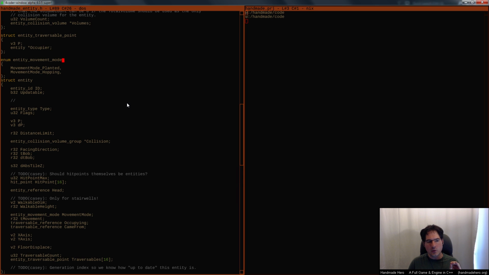So the way in which you might be moving already has a state variable. So the fact that I have coupled that ability to use that state variable to the entity type is clearly a mistake, right? I could just not do that, and then all entities could have a planted and hopping motion, and entities that want more motions can go in there, right?